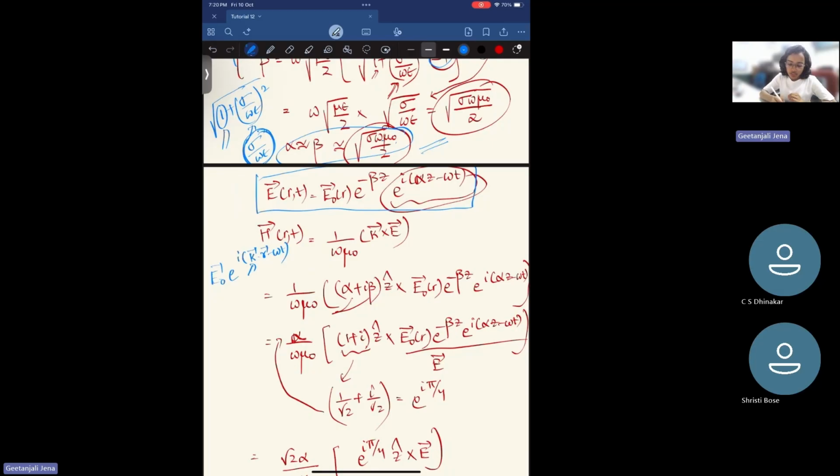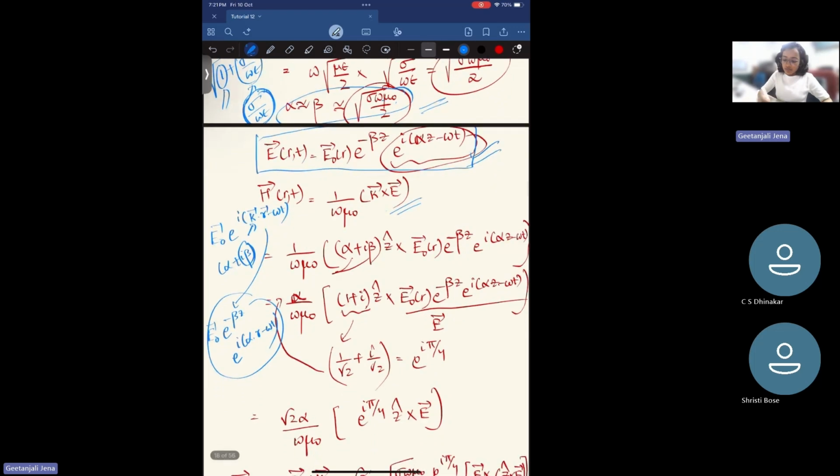But when k is complex, having alpha plus i beta, you can write it as e naught e to power minus beta z, and the usual expression e to power i (alpha z minus omega t). So this is the expression for the electric field inside a conducting medium. In the next step, we have calculated the magnetic field so that we can get the Poynting vector.